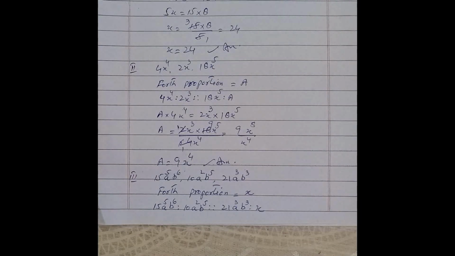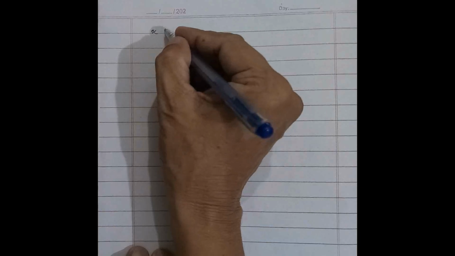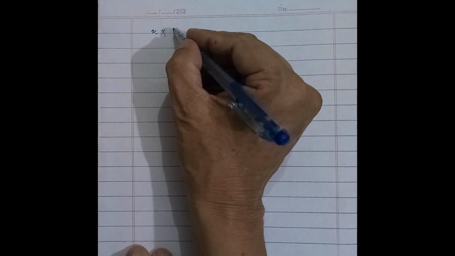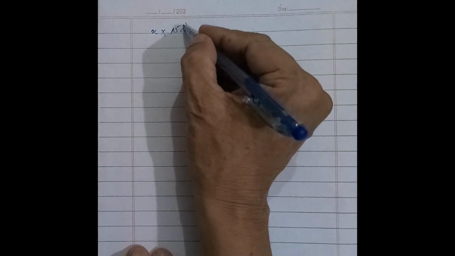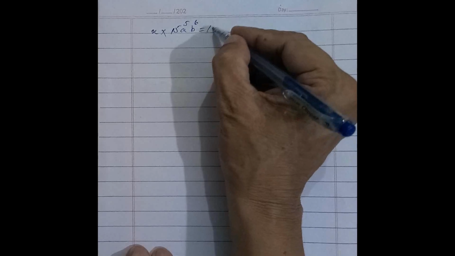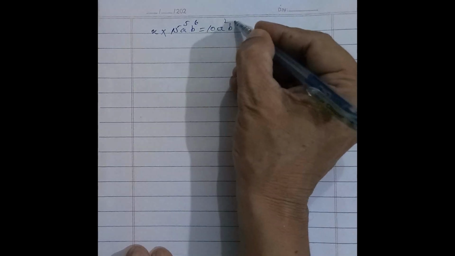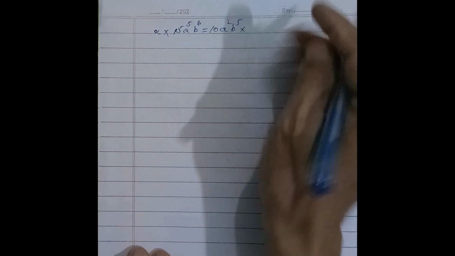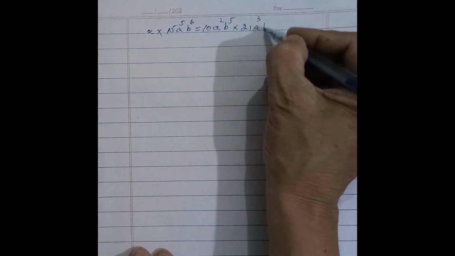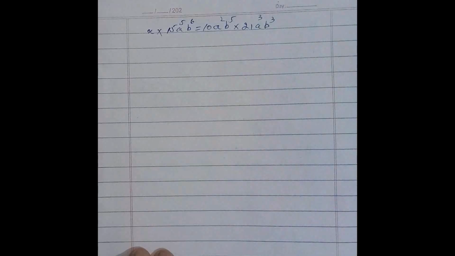Now we multiply the internal values and external values, and they are equal. x multiplied by 15a⁵b⁶ is equal to 10a²b⁵ multiplied by 21a³b³.